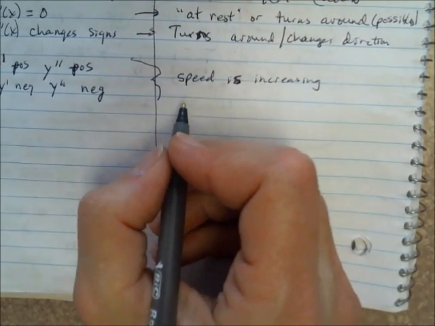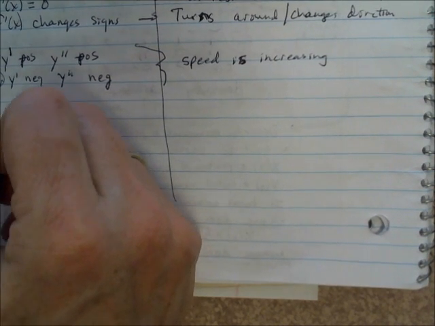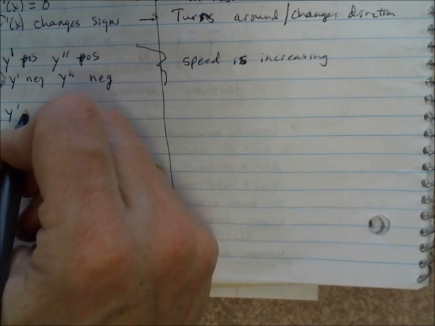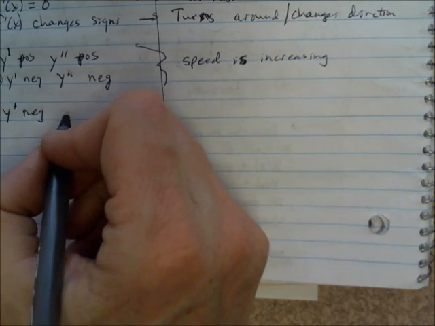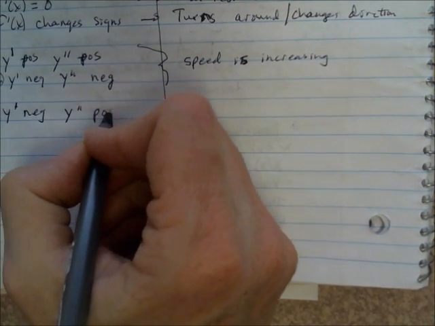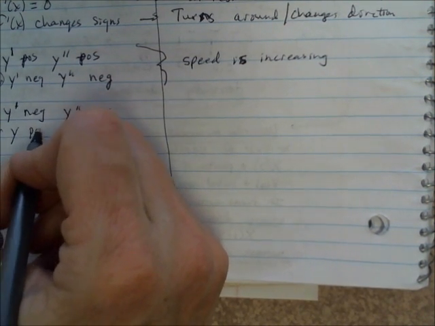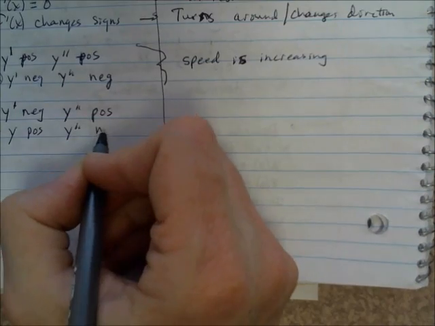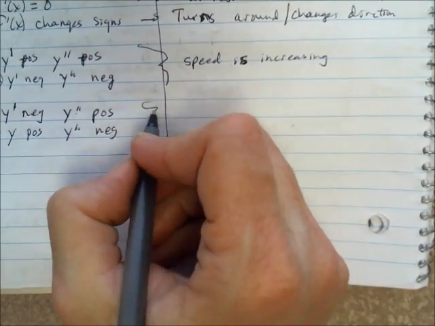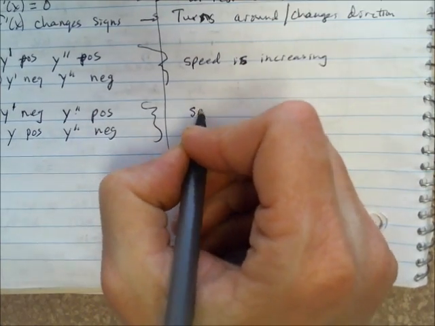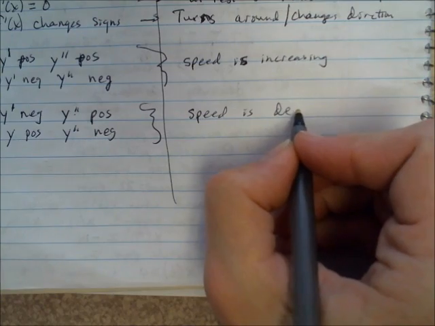Or in other words, the particle is speeding up. But if you have y prime negative and y double prime positive, or the first derivative positive and the second derivative negative, in other words, if first and second derivative have opposite signs, that means the speed is decreasing, or the particle is slowing down.